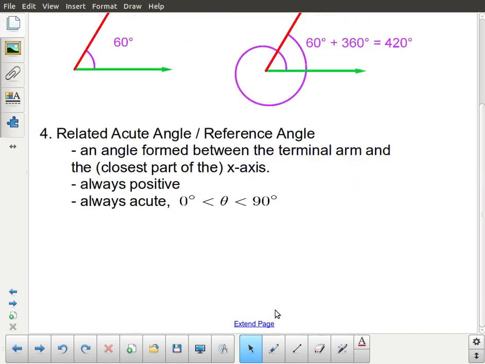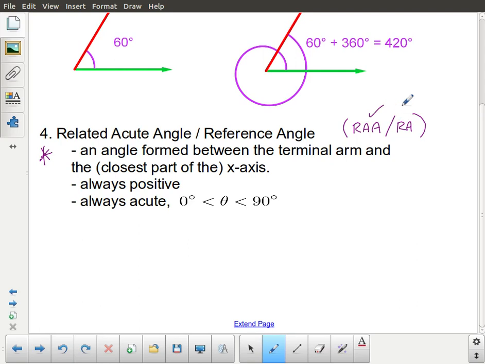Another thing that we make a lot of use of, so much so that I want to star this. This is a hugely important idea. The related acute angle or the reference angle, quite often referred to as the RAA, which is the terminology that I tend to use, but I also have other teachers who will refer to that as the RA, the reference angle.